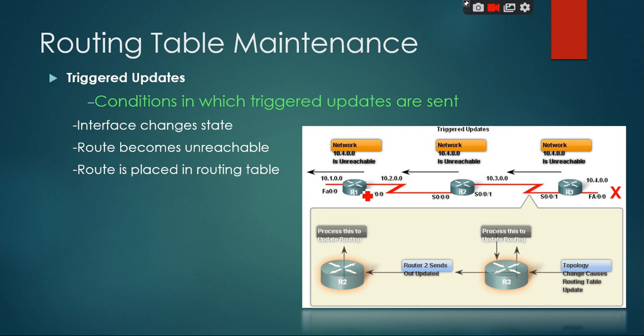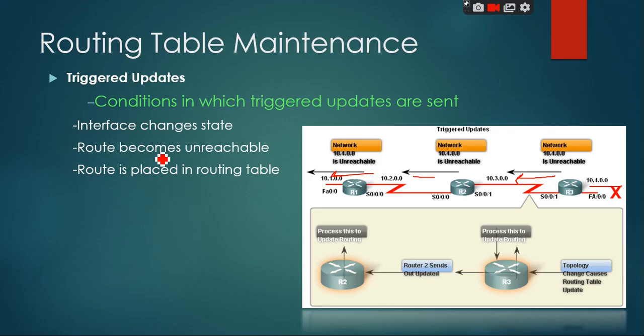So you can see in the diagram, when 10.4.0.0 is down, EIGRP will immediately inform R2 that 10.4.0.0 is unreachable. R3 will inform that to R2, and R2 will immediately say that to R1, and in the same way it will inform R1.